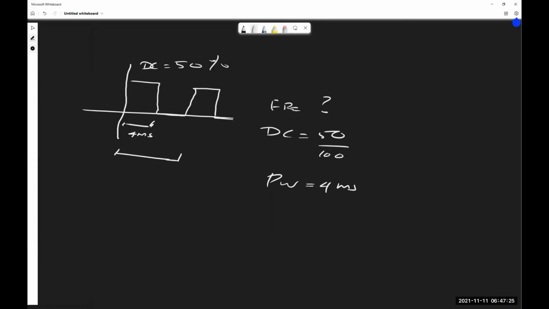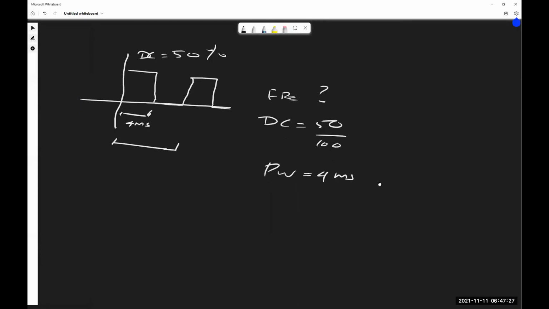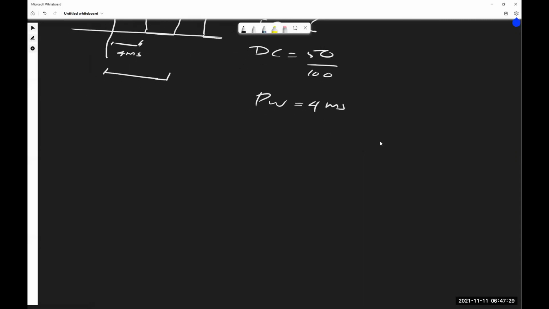Now we already know the equation for pulse width. Pulse width is equal to duty cycle times time. We know the pulse width is 4 milliseconds and the duty cycle is 50%, so time is what we need to find out.